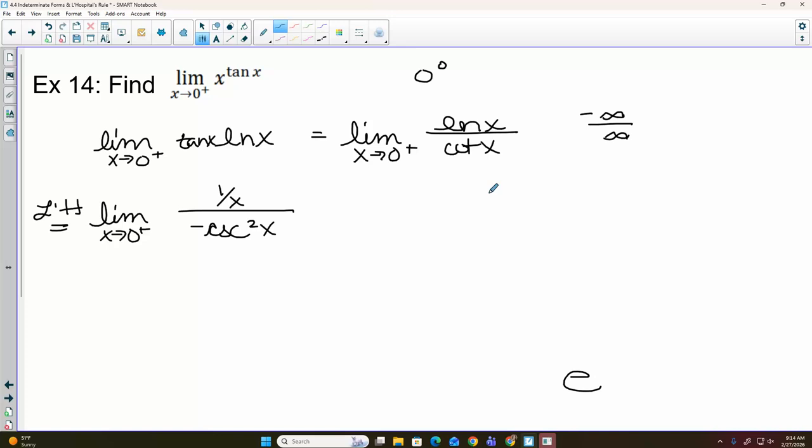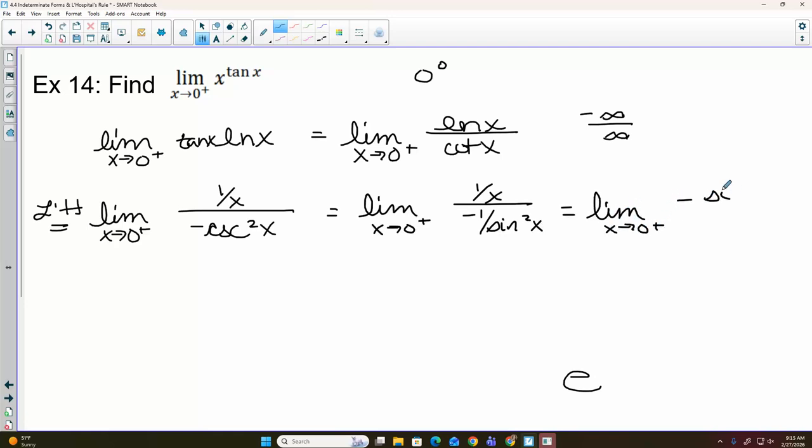On the top we get 1 over 0, cosecant is the reciprocal of sine, and sine of 0 is 0. Let's simplify this just a little bit. Cosecant is the reciprocal of sine, so that's like negative 1 over sine squared. So if we flip and multiply, we get negative sine squared x over x.